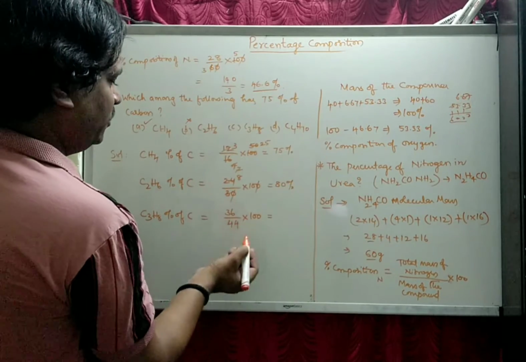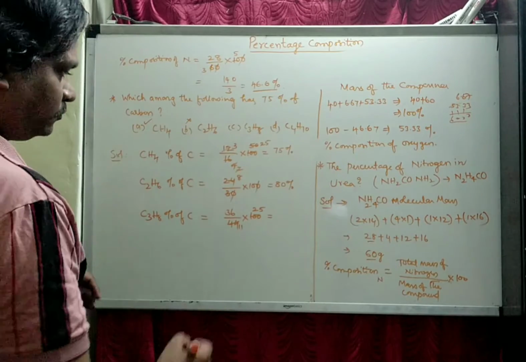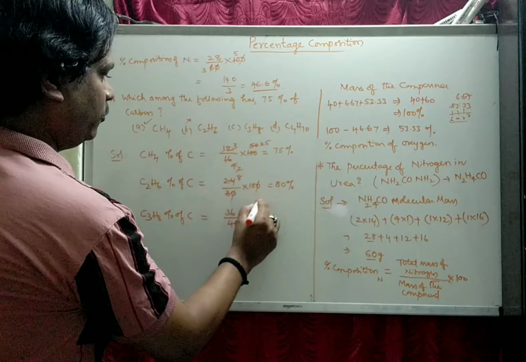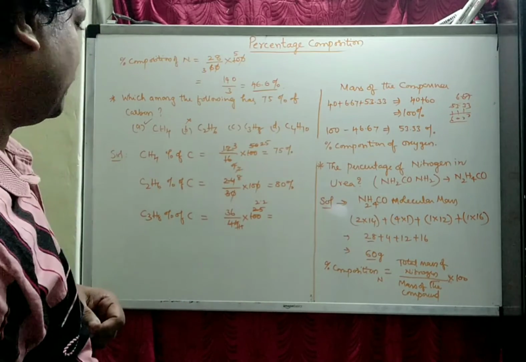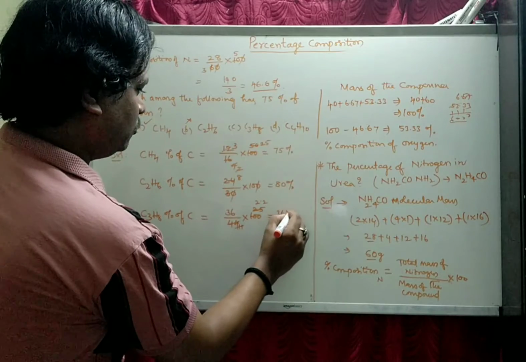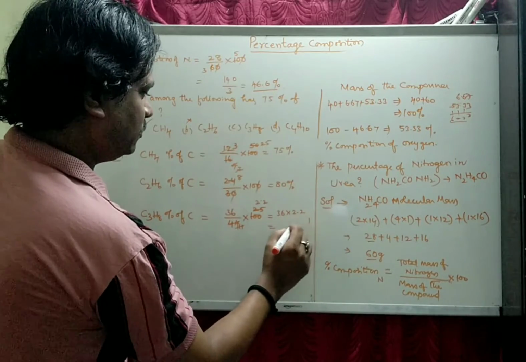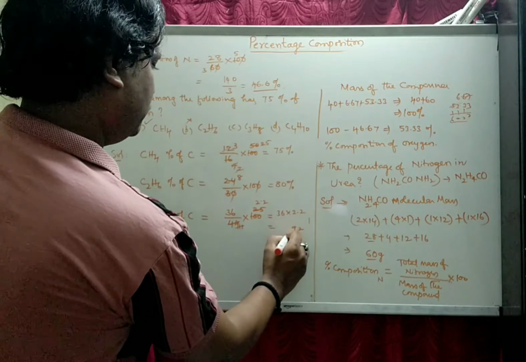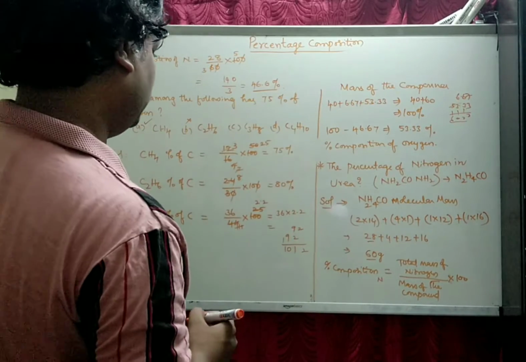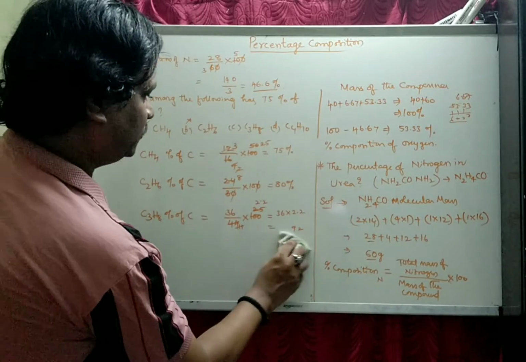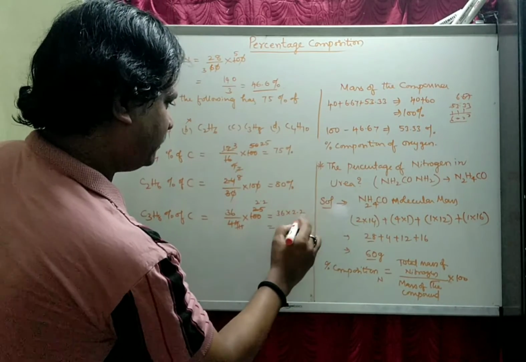Approximately we get 74%, like that. See, 2 6s are 12, 2 3s are 6, 7.